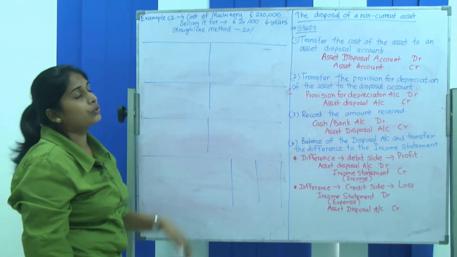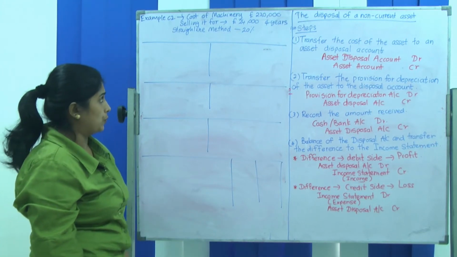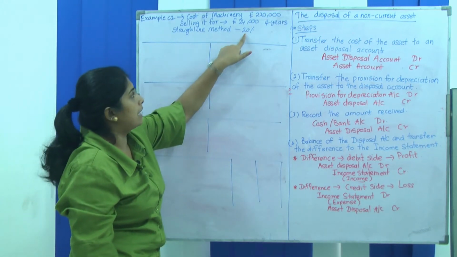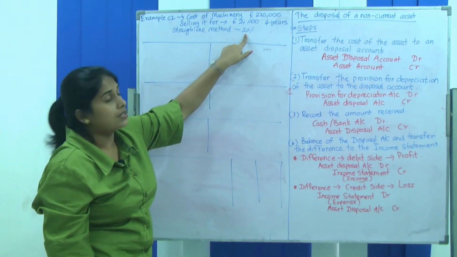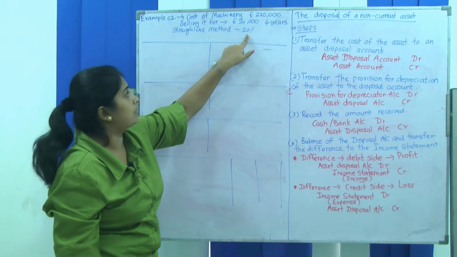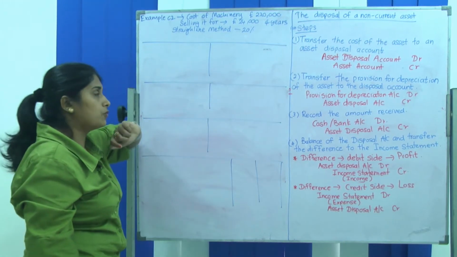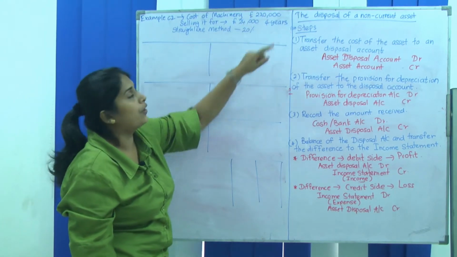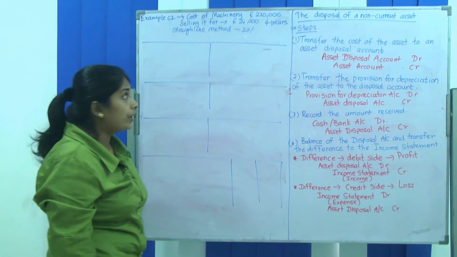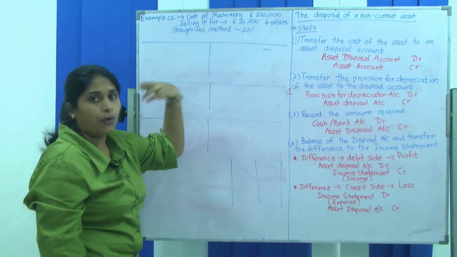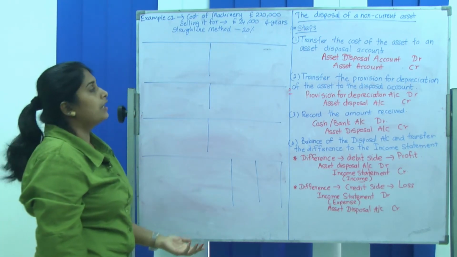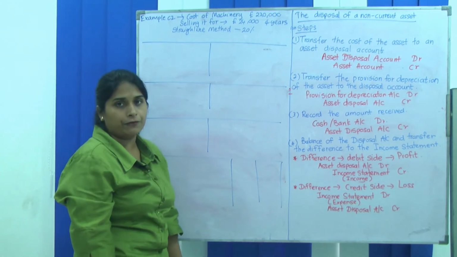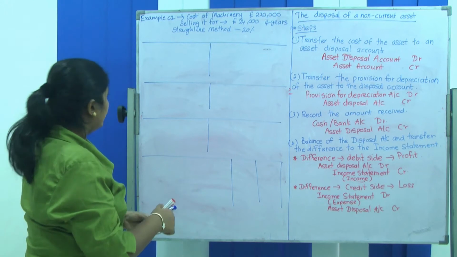They have not given the total depreciation, so you have to calculate it. It has been depreciated using the straight line method at 20% for 4 years. You calculate the 20% of the cost and multiply it by 4 years, because with the straight line method the same amount is depreciated every year. Once you calculate for 1 year, you multiply it by 4 to get the 4 years.